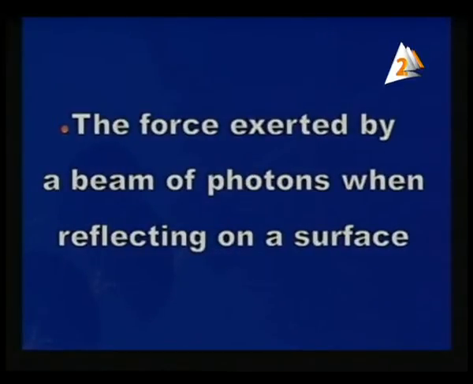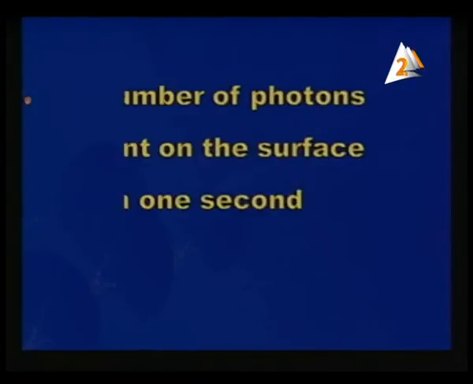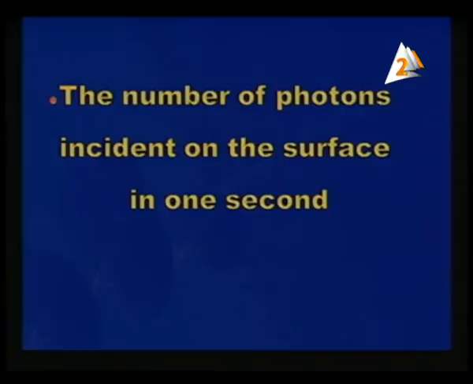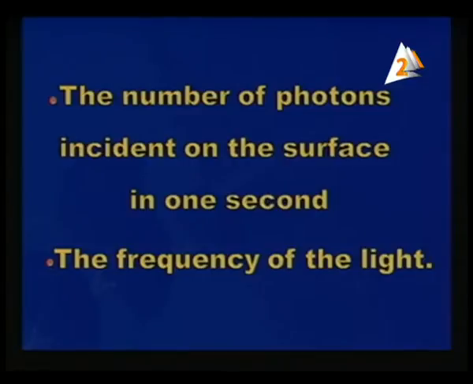Factors affecting the force exerted by a beam of photons when reflecting on a surface. Of course, the first factor is the number of photons incident on the surface in 1 second. And the frequency of the light.